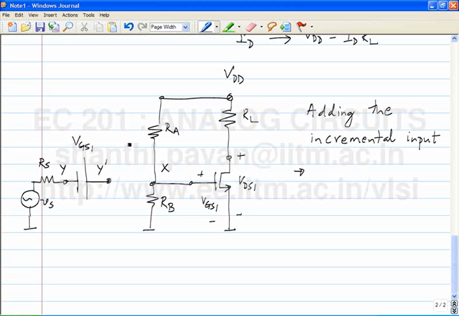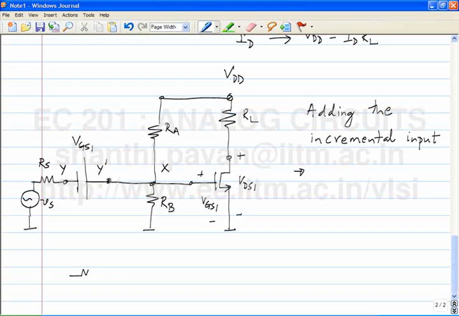Now, if I join Y dash to X, then what do you think is the potential at X now? To find the operating point, what would you do? You would set Vs to 0, correct?